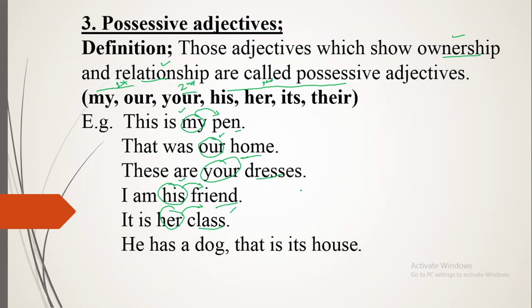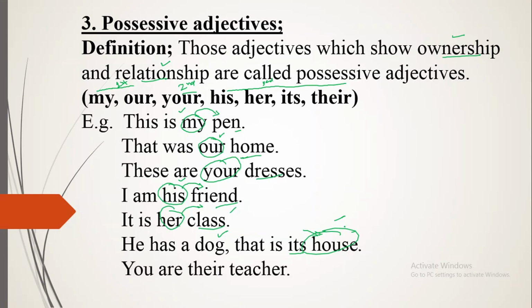Next, he has a dog, and that is its house. Its is adding something to the meaning of house and showing ownership, meaning that this dog has this place, so that is its place. It is used for animals, and that is a non-personal pronoun.